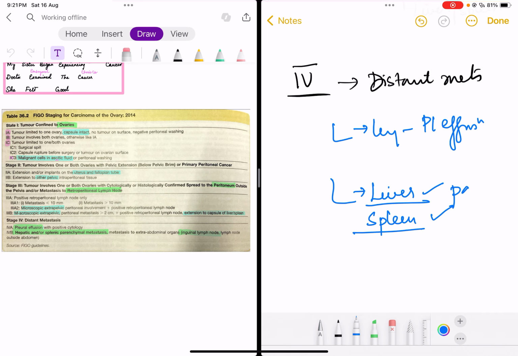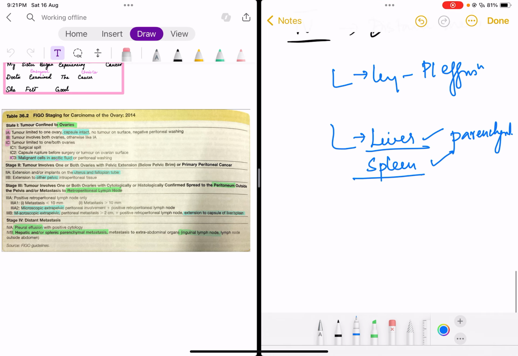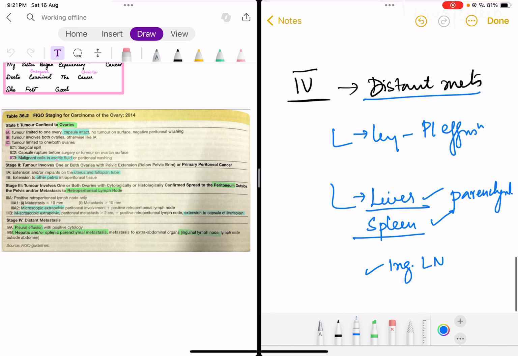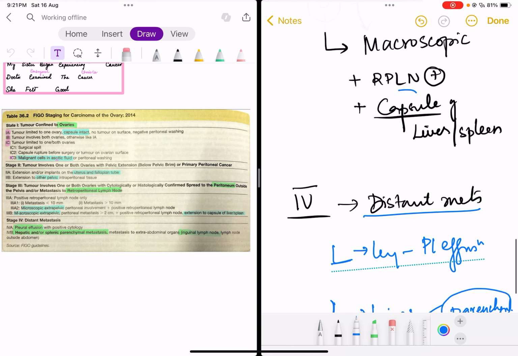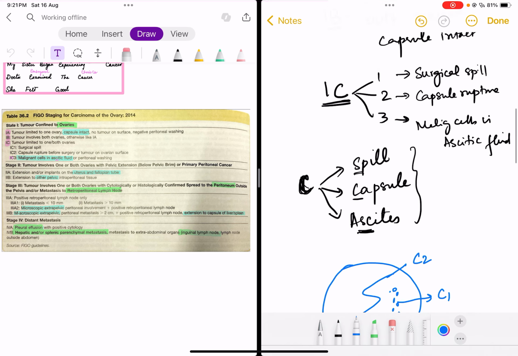You should write parenchymal involvement of the liver and spleen. Or metastasis to extra abdominal organs like inguinal lymph node or any other lymph node outside the abdomen. So this is your distant mets. That is your L and L involving the parenchyma. As I always told you, from here you should just add one more step, which is capsule to parenchyma. So let's just sum up.